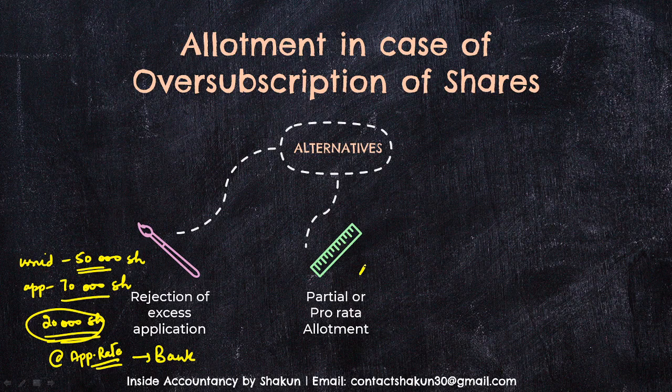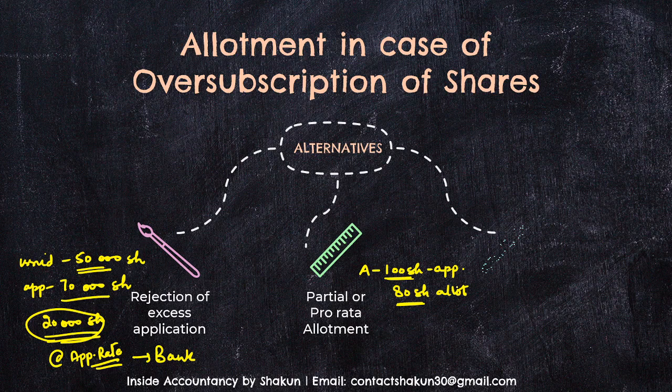For example, let's say A has applied for 100 shares, but the company allots him only 80 shares. So this is a case of pro rata allotment or partial allotment. A person has applied for more shares but a lesser number of shares are allotted to him.